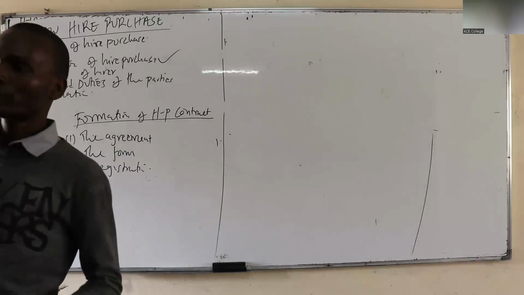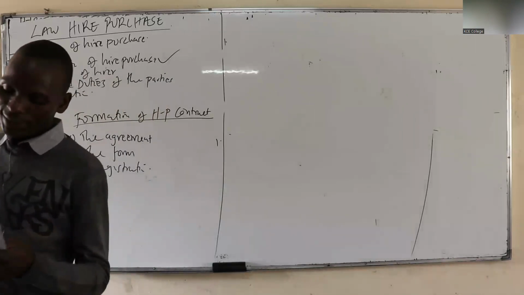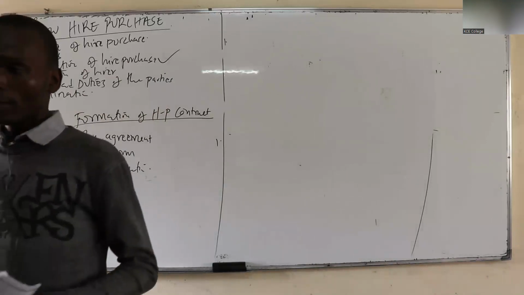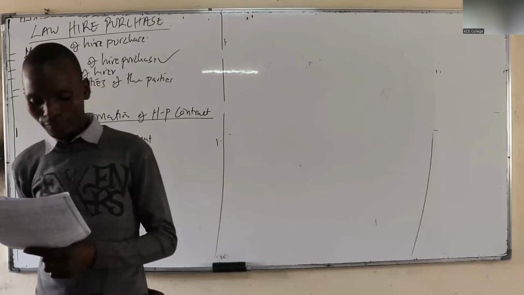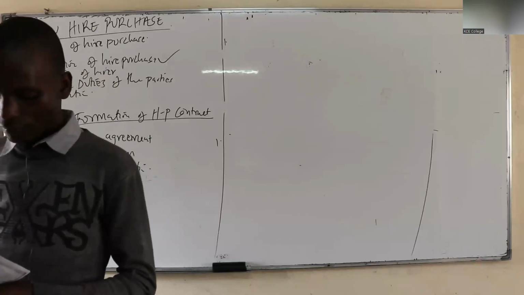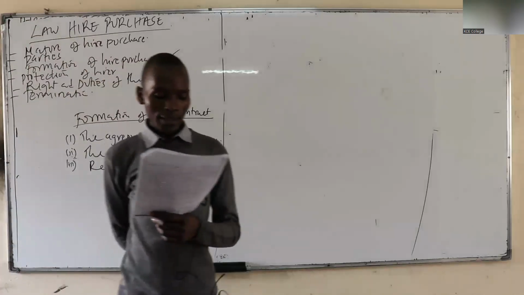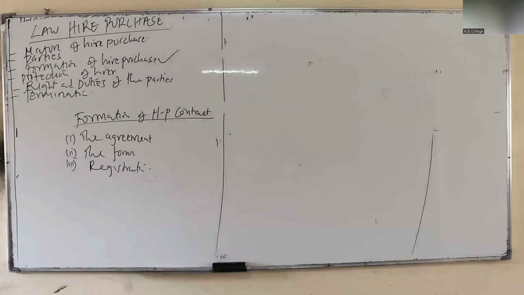The hire purchase agreement involves 2 parties, hirer and owner. The hirer must be informed of the cash price.